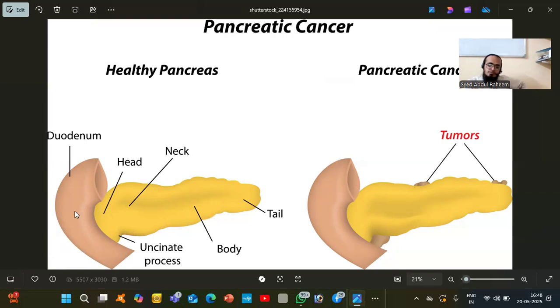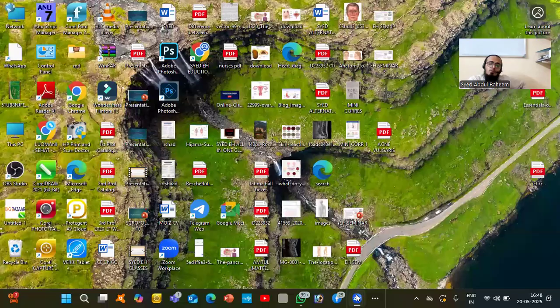Because of the digestive enzymes. So the investigation of choice is CECT abdomen. You can see that this is the tumor. Okay, these are the problematic areas we have.